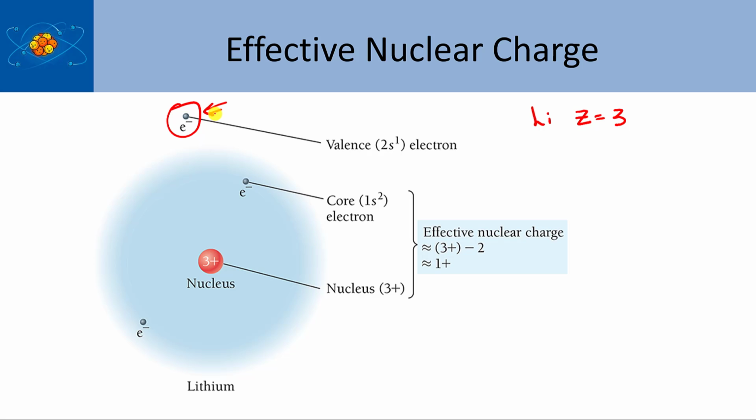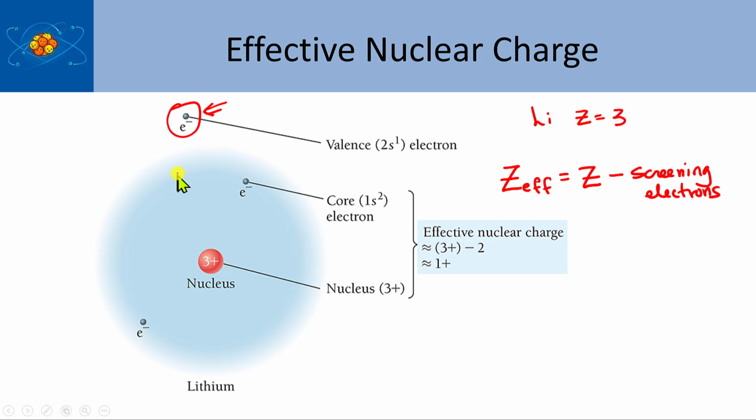And the way you calculate the effective nuclear charge, and we usually just call it Z effective, is equal to Z, which is my atomic number, minus the screening electrons. The screening electrons are all the electrons in the core that sit below the outermost electrons.